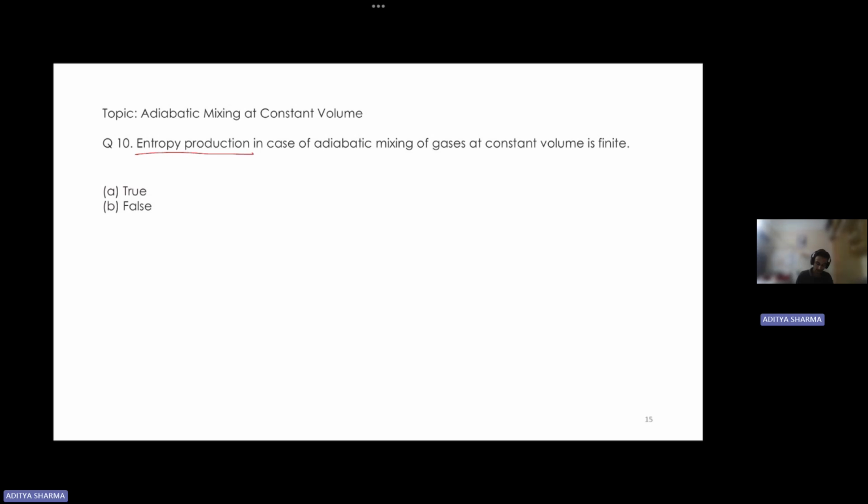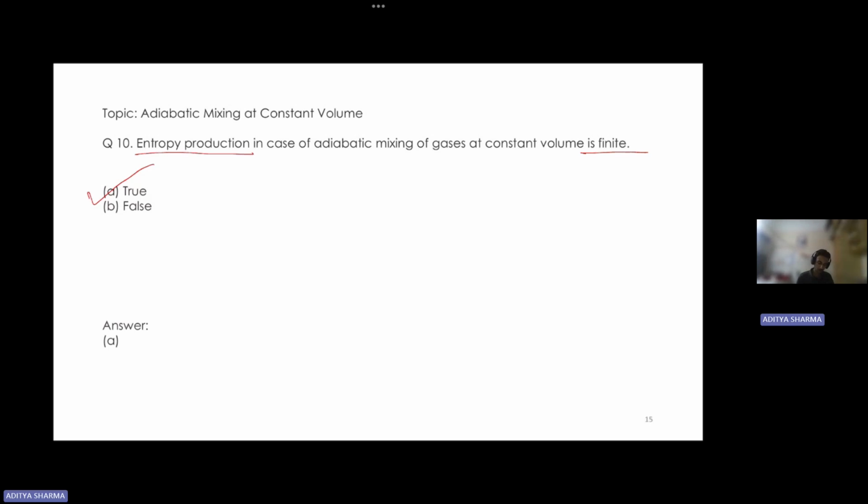And if the statement says that the entropy production is finite, in that case this becomes a true statement. Okay. So option A is correct.